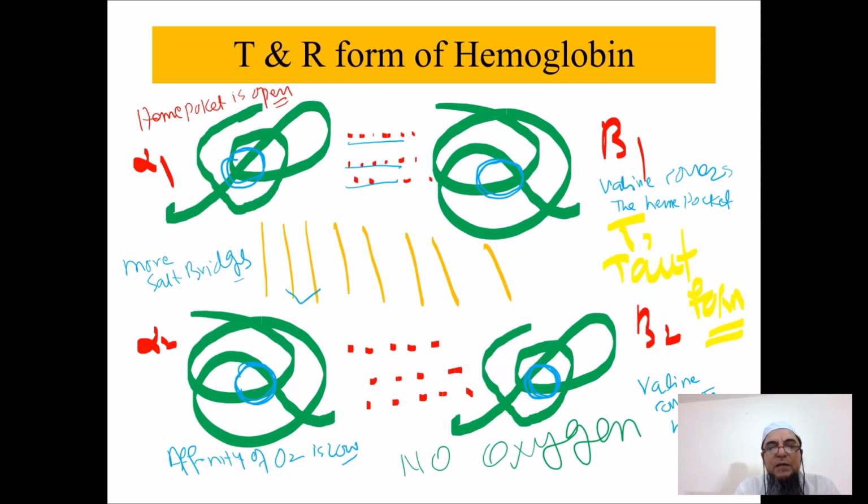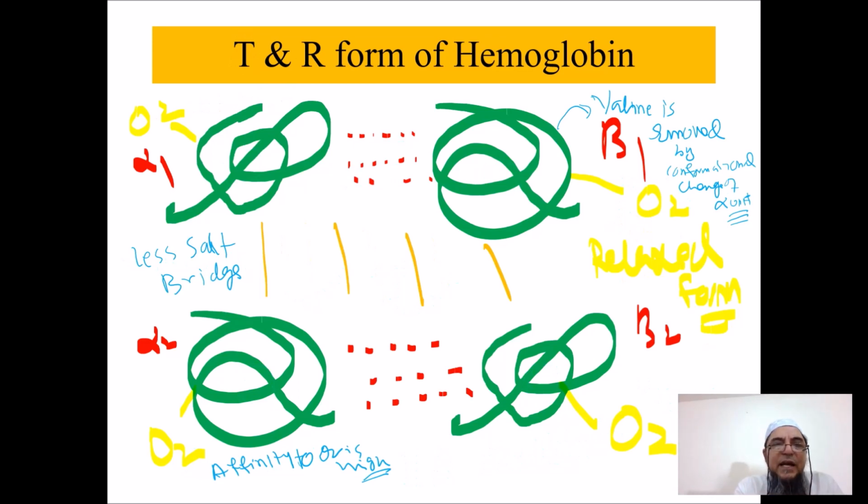When they have many salt bridges and there is no oxygen here, the heme pockets are empty, and affinity for oxygen is low. So this structure is known as the T form, the tense form of hemoglobin: more salt bridges, heme pockets empty, and low affinity for oxygen.